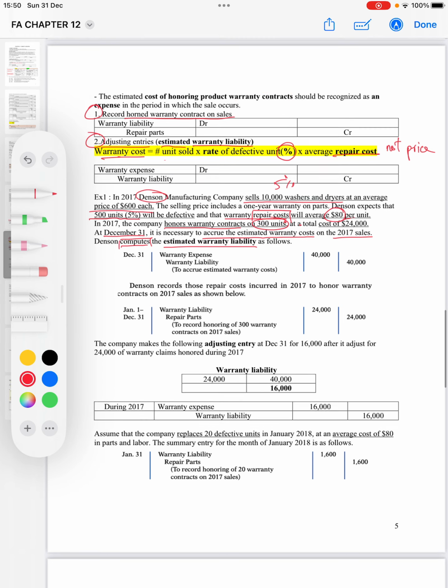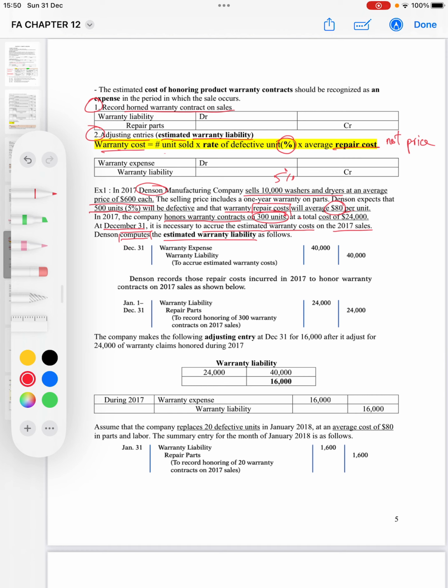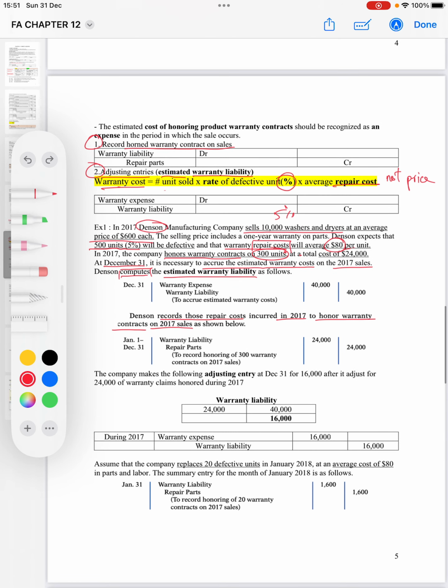Okay, next they require you to record those repair costs in 2017 to honor warranty contracts on sale. So the first entry is to honor warranty contract on sale, right? So warranty liability debit and repair parts credit. And in 2017 they honored 300 units, right?